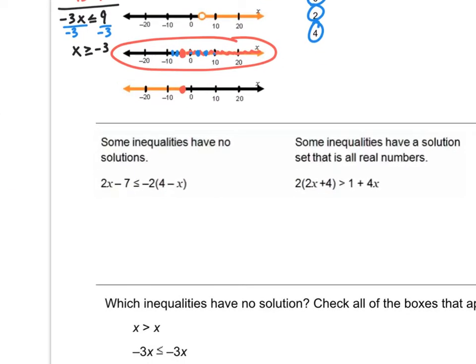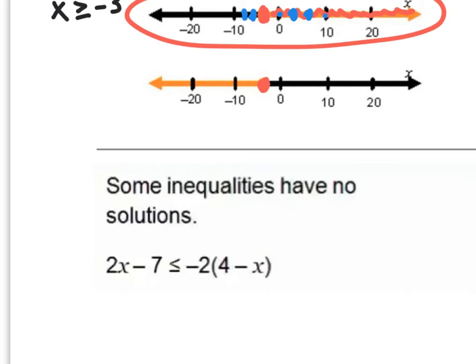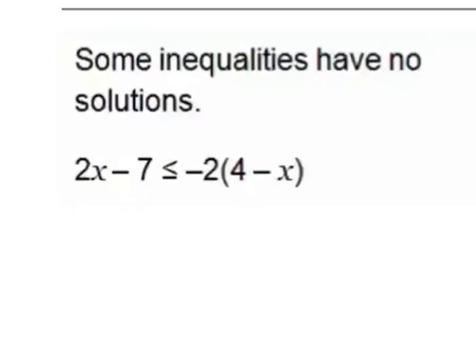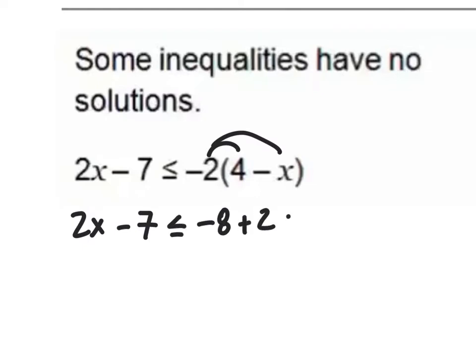Some inequalities have no solutions. Let's solve this real quick. Distribute the negative 2, and we get 2x minus 7 is less than or equal to negative 8 plus 2x.